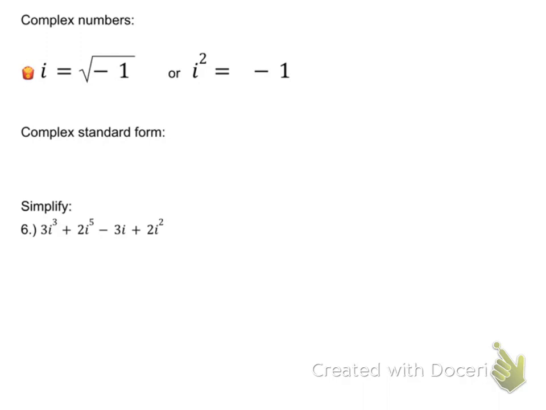Every number can be written in complex standard form. Complex standard form is a plus bi, where a is your real component, and the b part is your complex component.